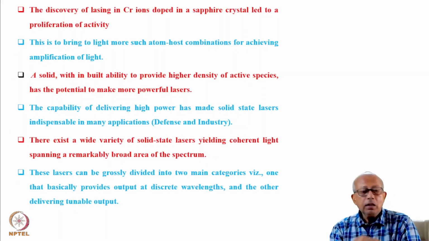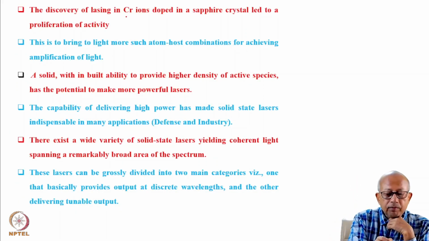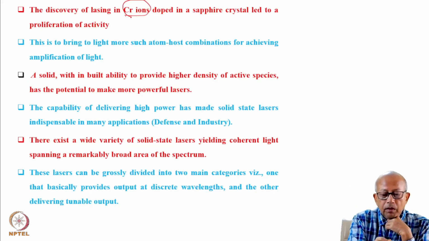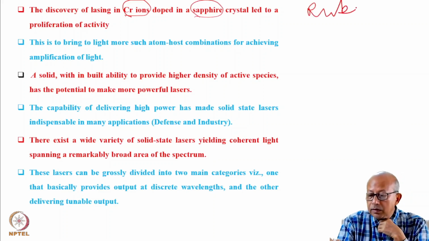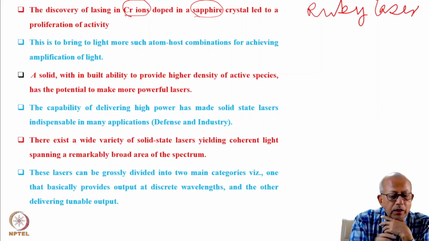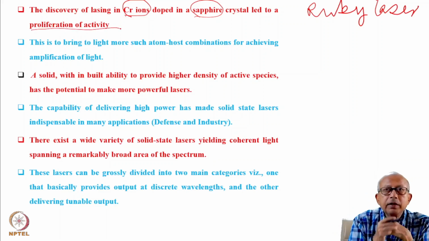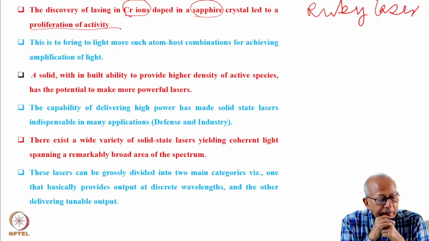You see, the discovery of lasing in chromium doped sapphire, that is the ruby laser, essentially led to a proliferation of activity. Why?